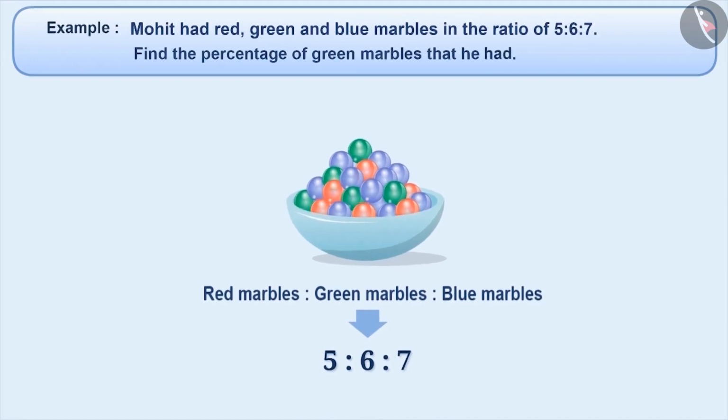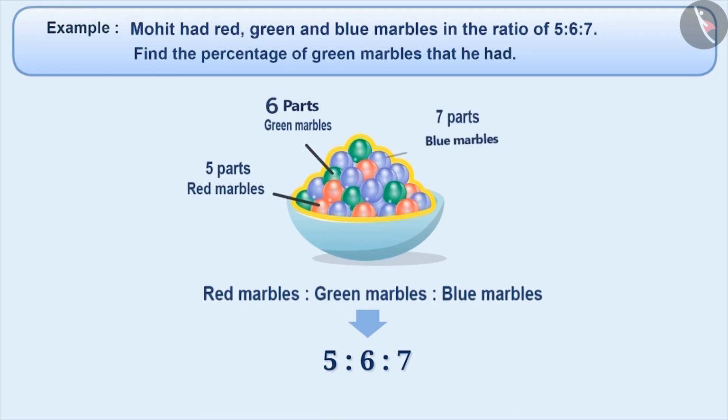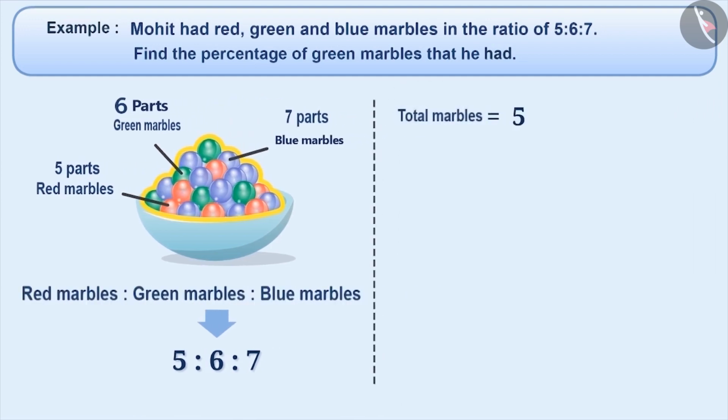Here, we come to know that out of total parts, 5 parts are red, 6 parts are green, and 7 parts are blue marbles. Here, we can say that the total marbles he has are 5 plus 6 plus 7, that is 18 equal parts, out of which green marbles are of 6 parts.